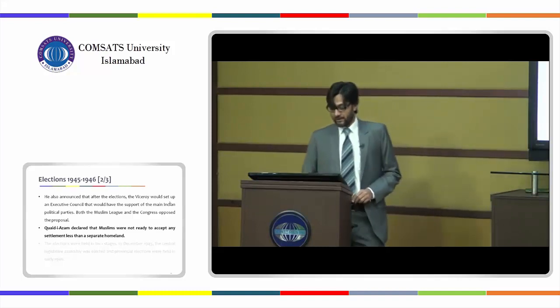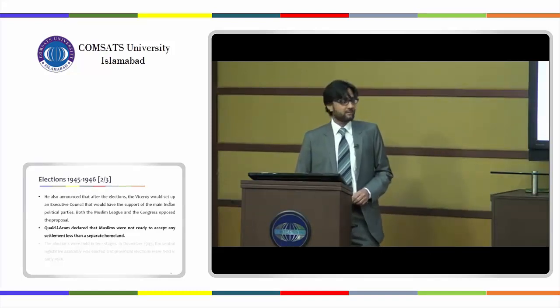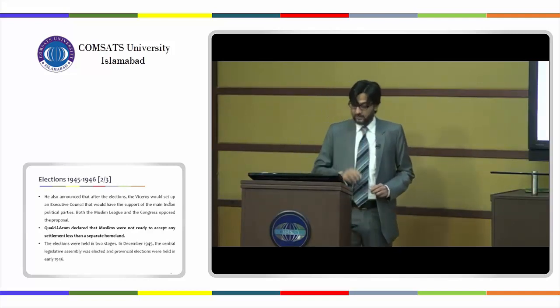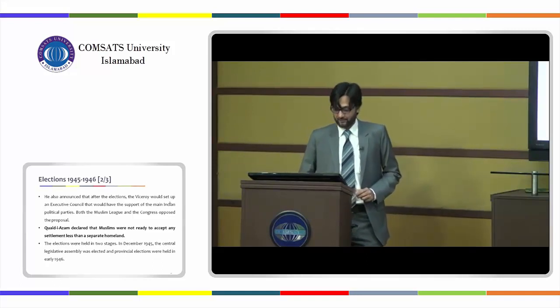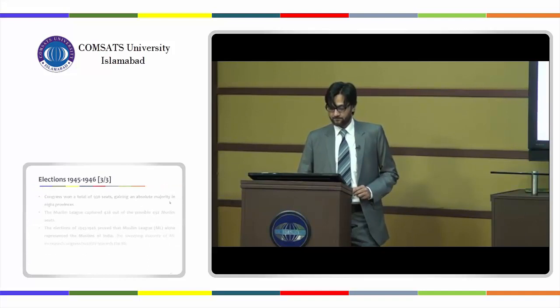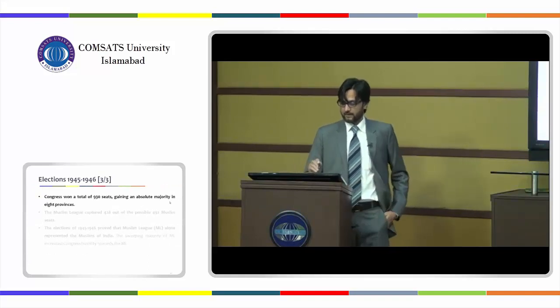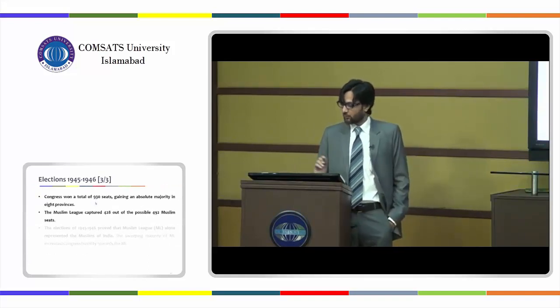But over here now, due to a lot of other reasons, the Muslim League would secure a lot of seats in the 1945-46 elections, right? We can see that. Now, Congress won 930 votes, right? In 8 provinces, it got an absolute majority.